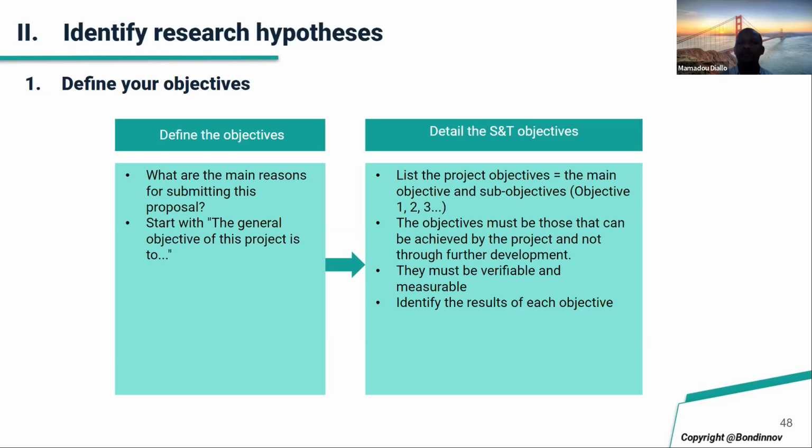Like if I want to obtain a 55% increase in access to water, then I will drill 5 wells, 10 wells, etc. So you have a general objective, you have specific objectives, and each specific objective has an associated action. So list the project objective, the main objective, and then objective 1, 2, the sub-objectives, etc.